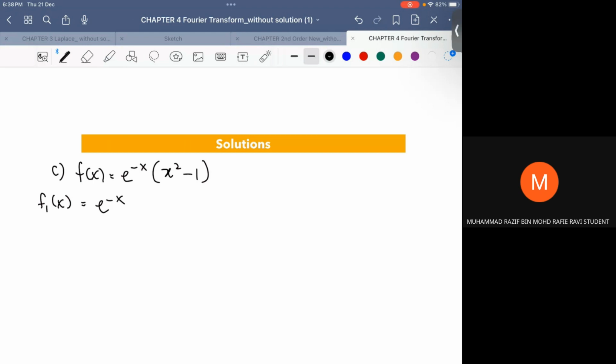Let's put negative x. So f1 of negative x is equal to exponent negative negative x, which is equal to exponent x. So this is not equal to f(x), and this is also not equal to negative f(x). So for f1, this is neither function.